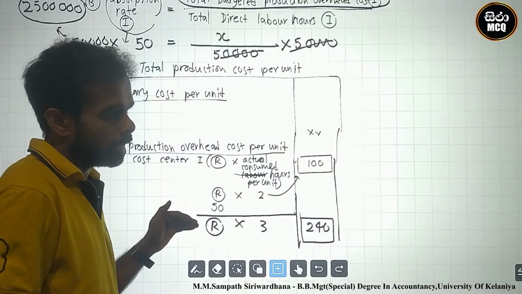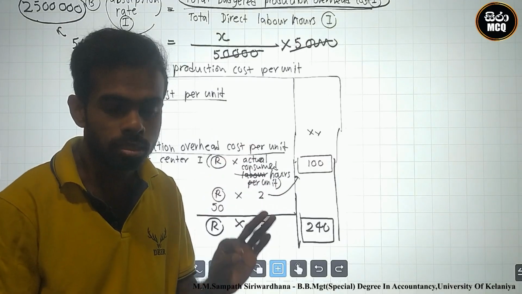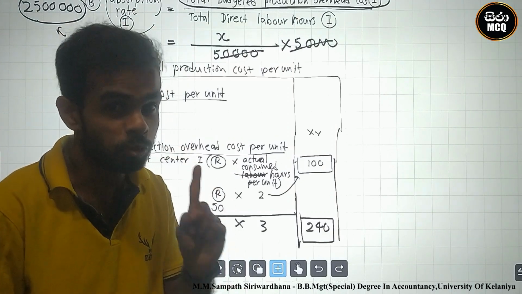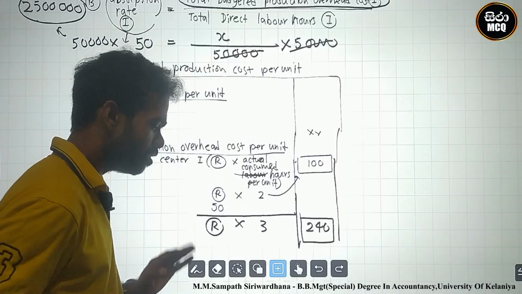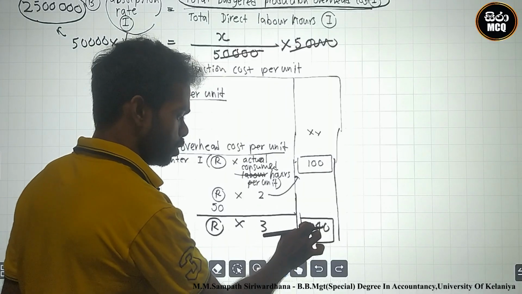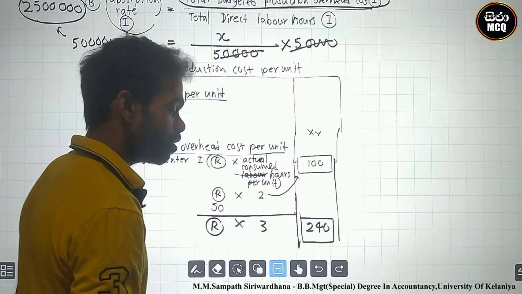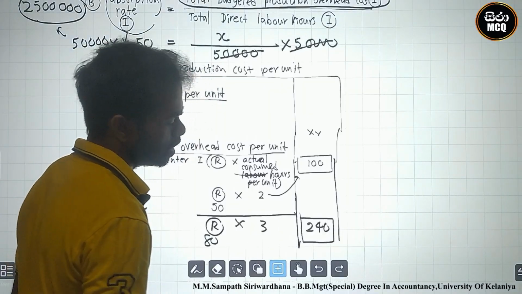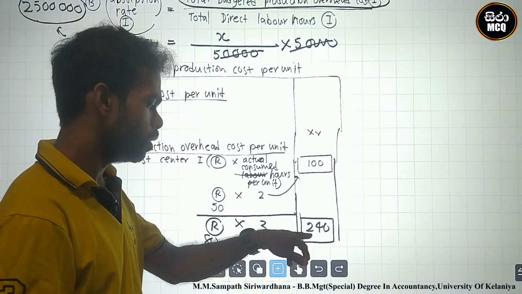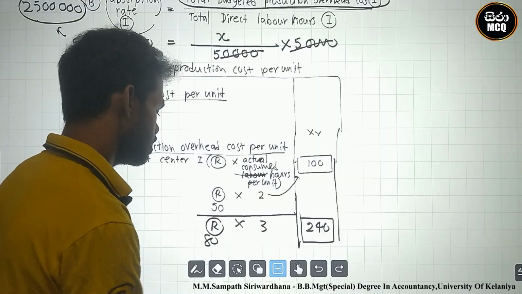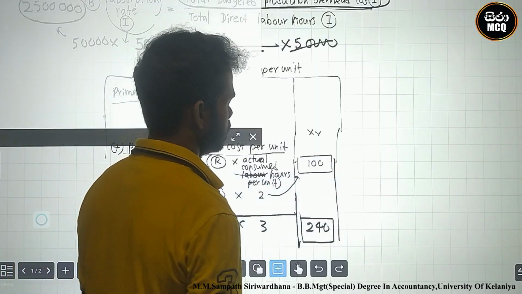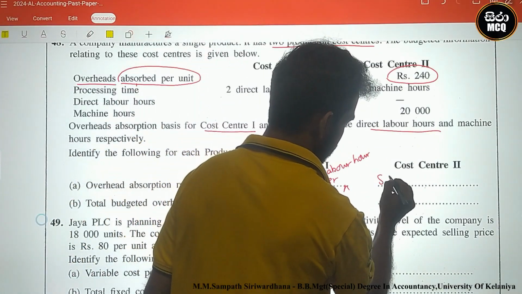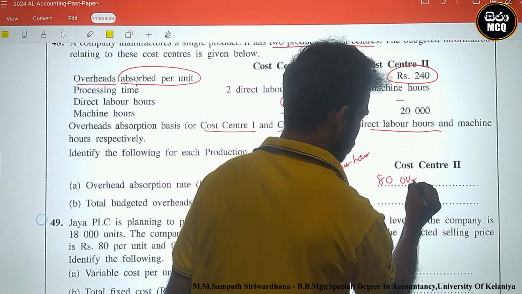Why? The rate means overhead cost per machine hour. There are 3 machine hours required for absorption. Therefore, 240 divided by 3 gives 80, and 80 multiplied by 3 gives 240. The absorption rate is 80 overhead per machine hour.